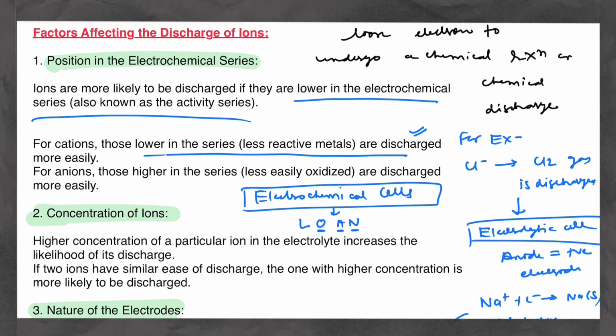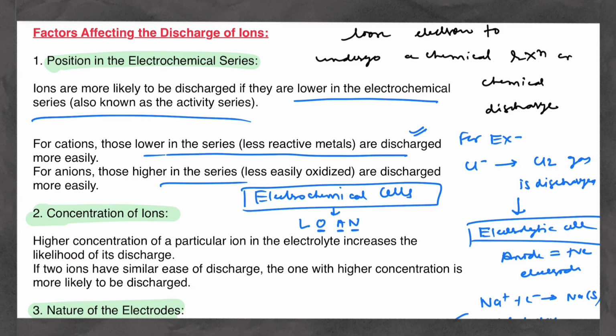Similarly, for anions, the anion at the top of the series will try to lose electrons easily. So this is very simple. It depends on where the element sits in the electrochemical series, whether at the top or the bottom of the table.